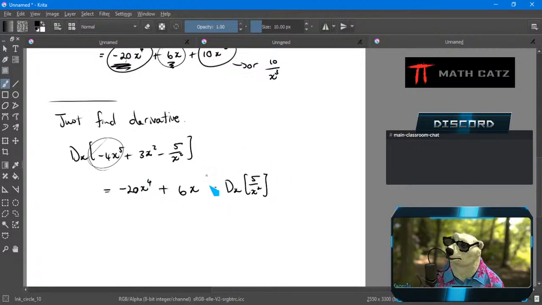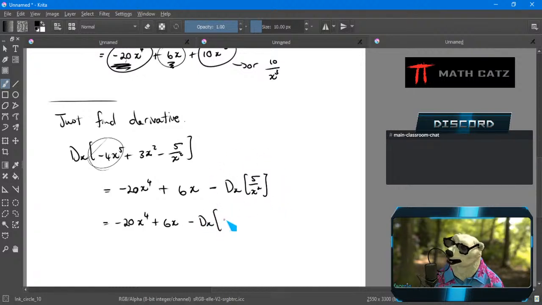So I'm still showing myself and reminding myself that I still have to look at the derivative of this guy. If I wasn't sure to do it in my head, if I wasn't comfortable, then don't do it. It's fine. This just means I still have to do it. So I'm finished with the first two that I did feel comfortable with, and now this one I'm not quite sure. So now let's take our time and make sure.